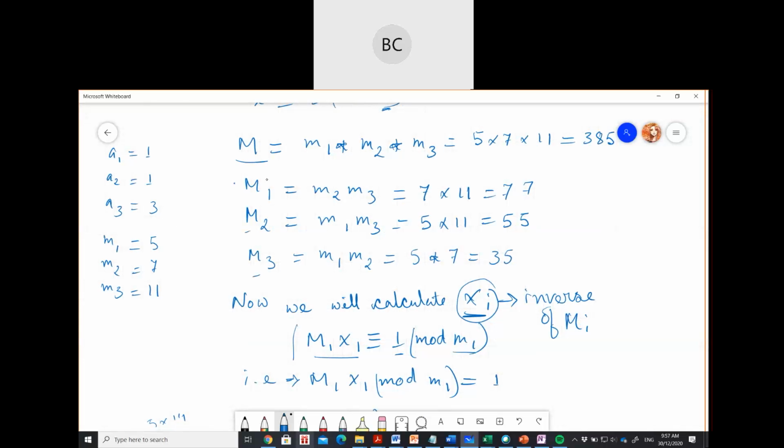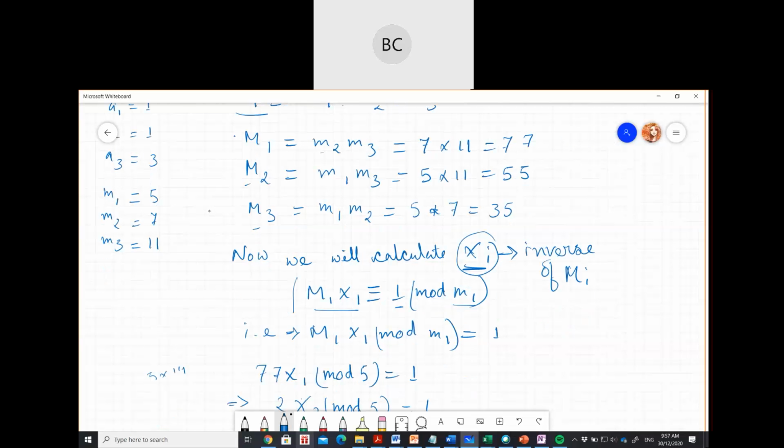If you are finding M1, the value will be the multiplication of the other two. If you don't want to remember this equation, just remember that if you are finding for one equation, then Mi will be the multiplication of the other two M's.